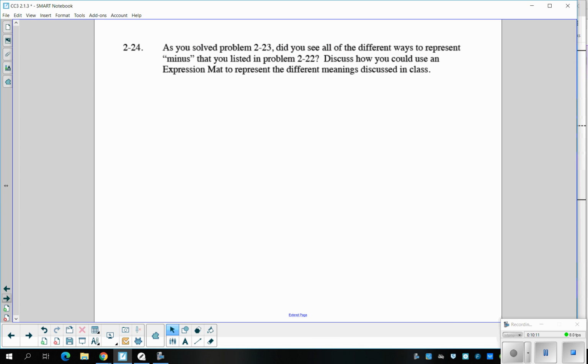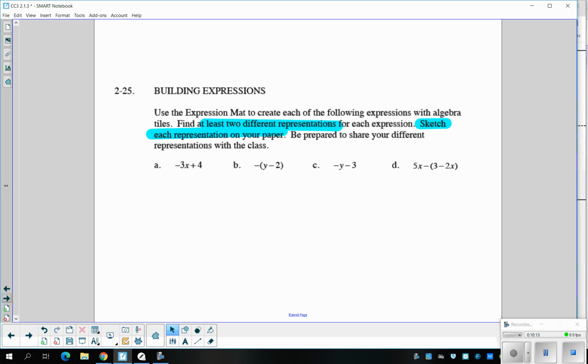Okay, a couple more things here. We are going to be building a few different types of representations of some expressions. We're not going to do all of these for sake of time.